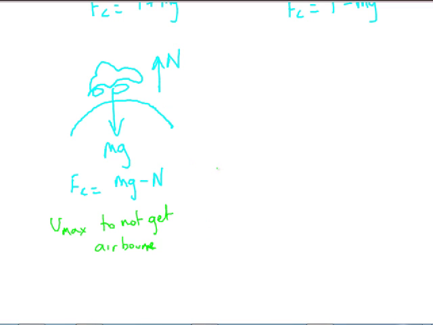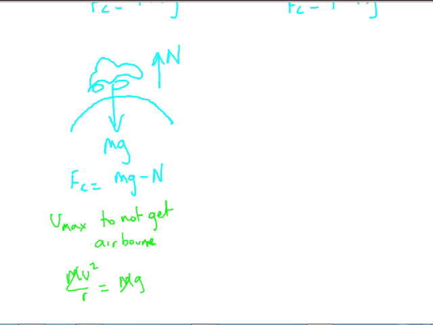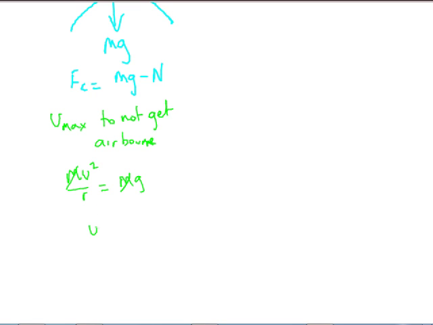So you'd be looking at something like mv squared on r equal to mg to solve it. The m's are going to cancel out. Rearranging, you're going to get v equals the square root of rg. That's to work out the maximum velocity that it can go over that section of road. Fairly common question to see.